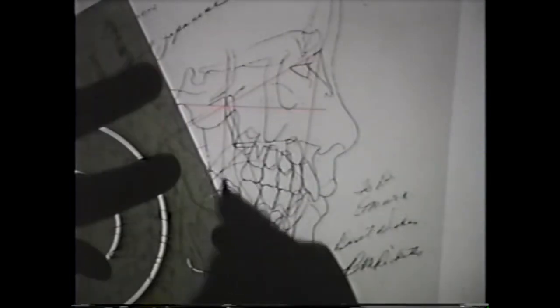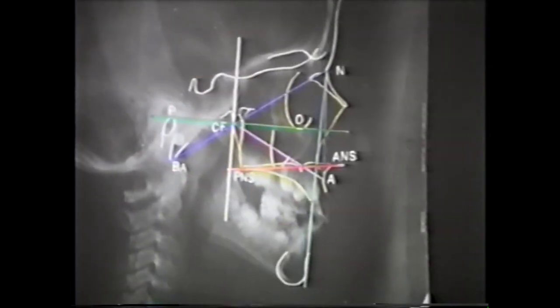Now we go from PM through Xi. This is PM, this is PO, this is Gn, this is menton, Gn, subgonion, menton, Xi point. DC is right here at the crossing at the basion-nasion plane. I don't use it anymore.